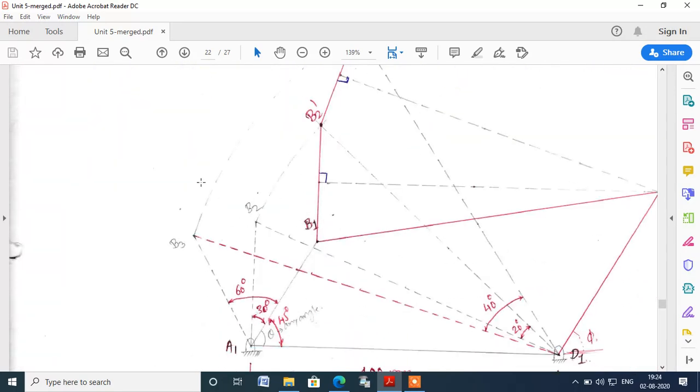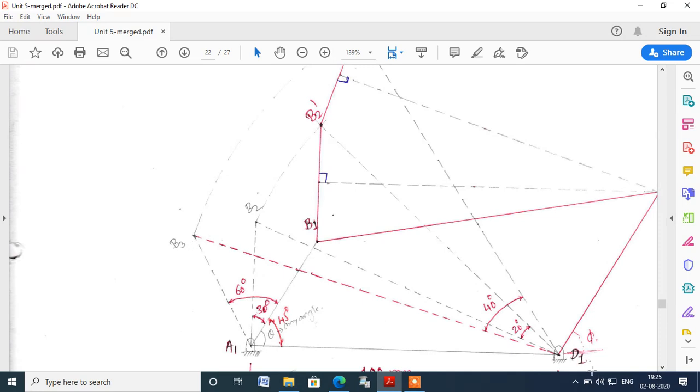So what you have to do, take the distance in the compass D1 B2. With D1 as a center you have to draw an arc. And also you have to take angle 20 degree from the B2 D1. So take 20 degree angle and draw a line. This line and this arc meet at some point and that point mark as a B2 dash.